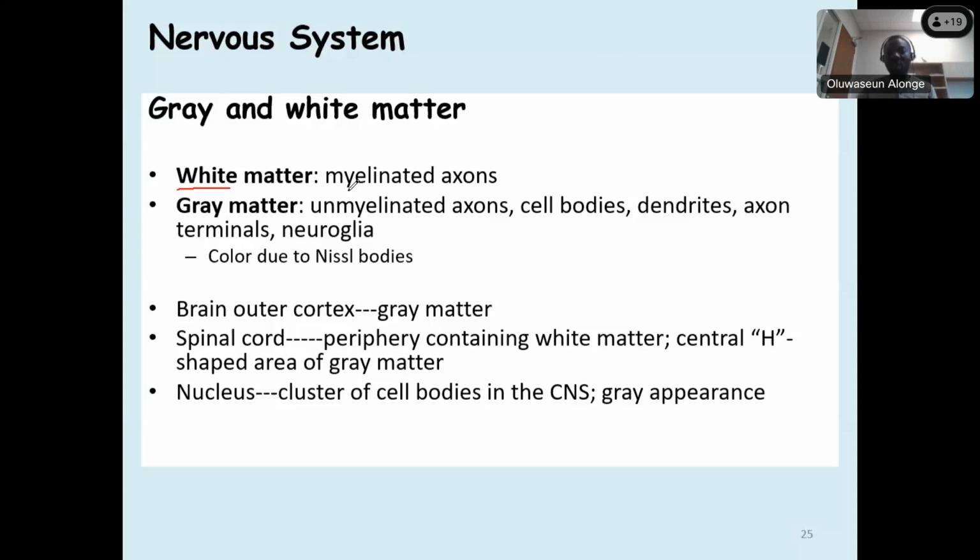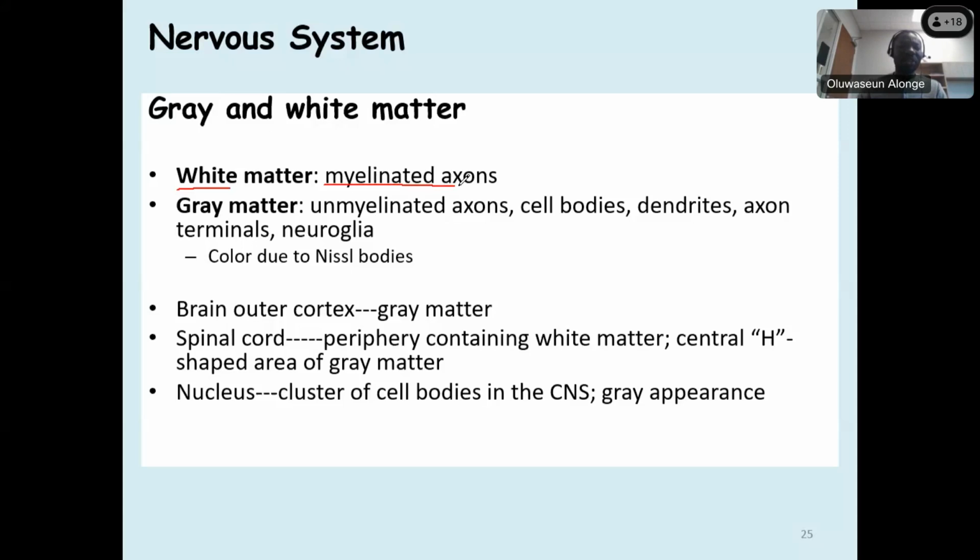The reason we call a portion white matter is simply because of myelin. All right. Since it's only axons that are myelinated, the only part of the white matter will be axons. So the myelinated axon is the only part that makes up the white matter.